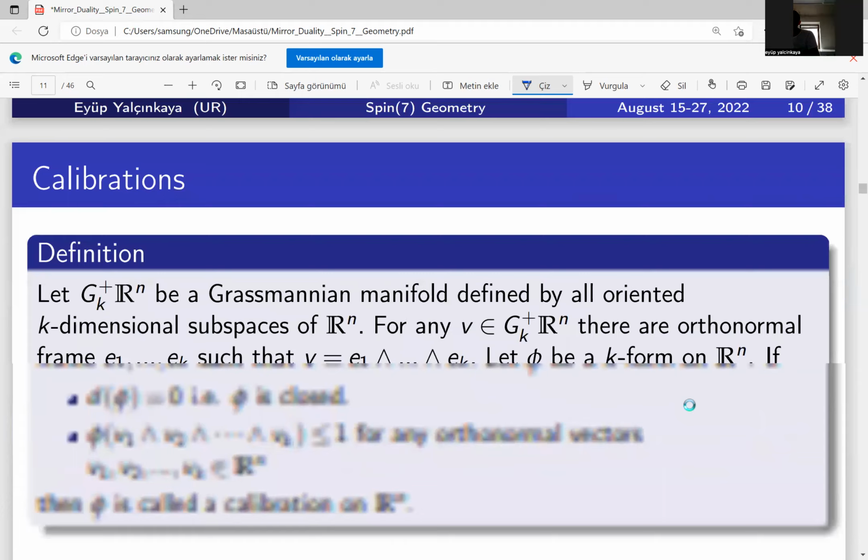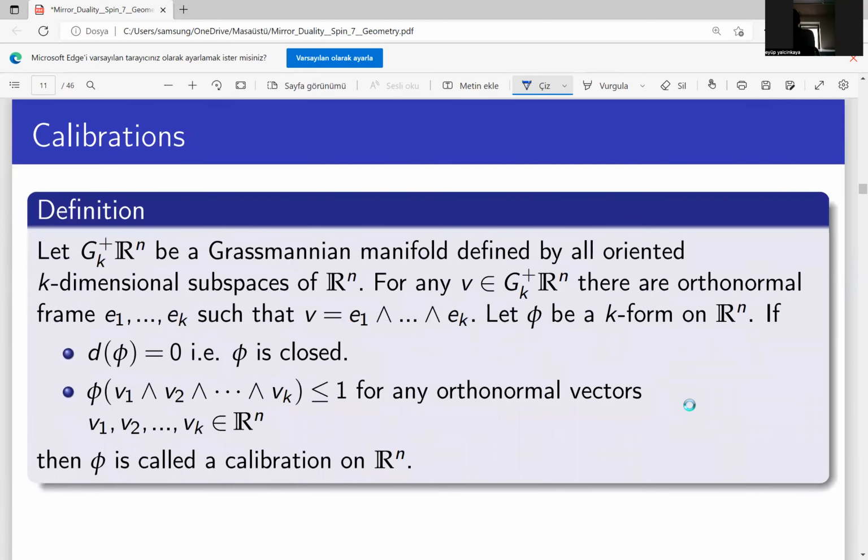And for all k-dimensional spaces, seen as the Grassmannian manifold, for k-dimensional subspaces of Rn, you can see the Grassmannian manifold. What is the meaning of the Grassmannian manifold?